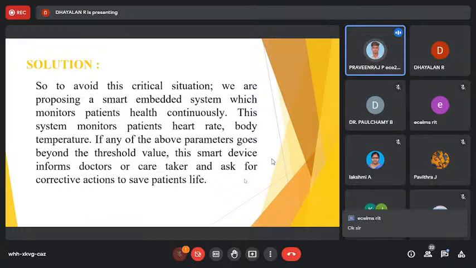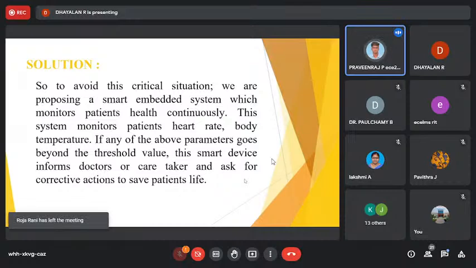If the temperature and pulse rate cross the threshold, we set the threshold value as the normal body temperature and the normal BPM, beats per minute. If the parameters cross the threshold value, we intimate the respective caretaker or the doctor available in the hospital.